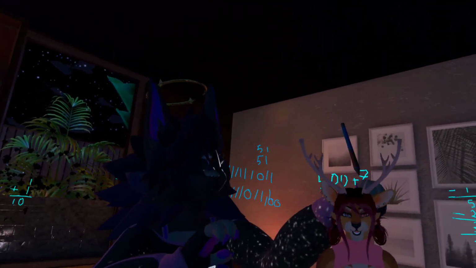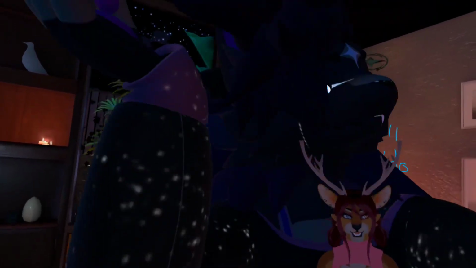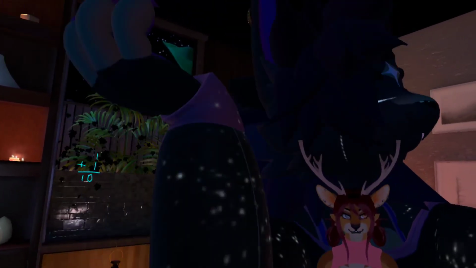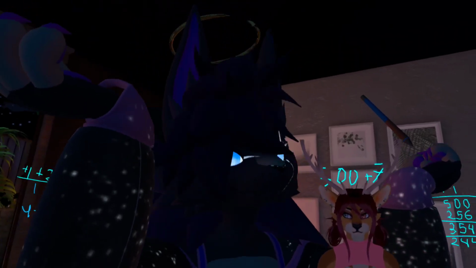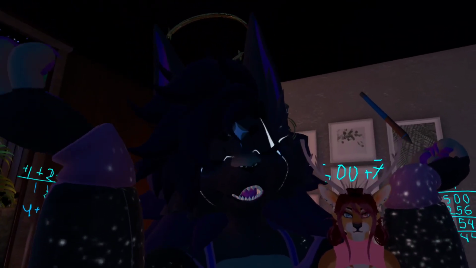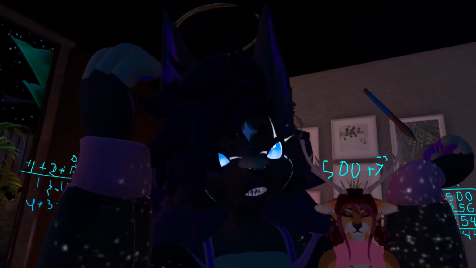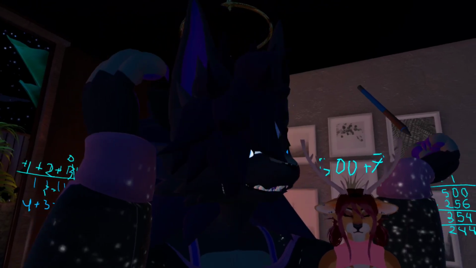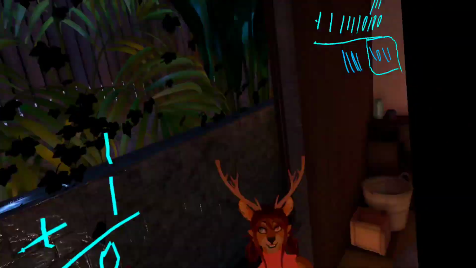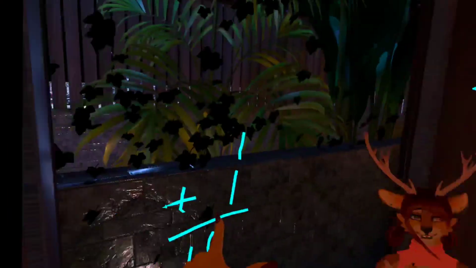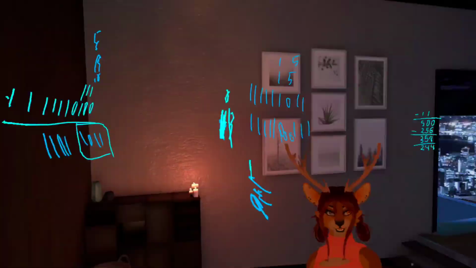The reason why we use binary code is because it's really easy to do with computers. You're able to send more information over with less. Yes, precisely. And with numbers like this, there's no such thing as a 2.